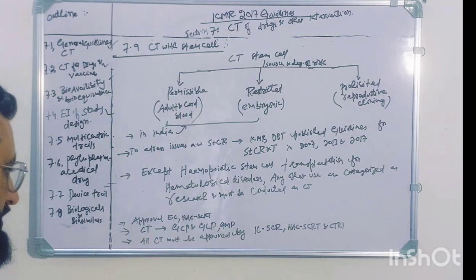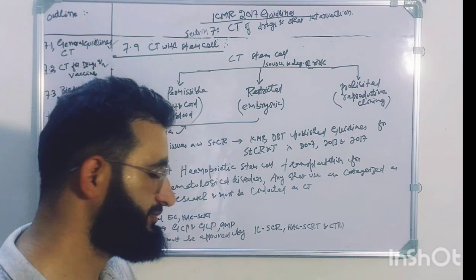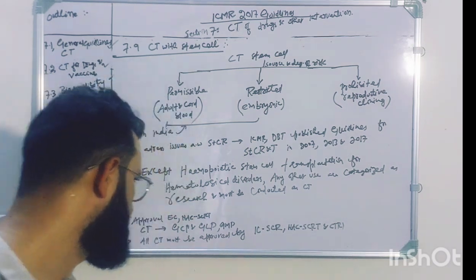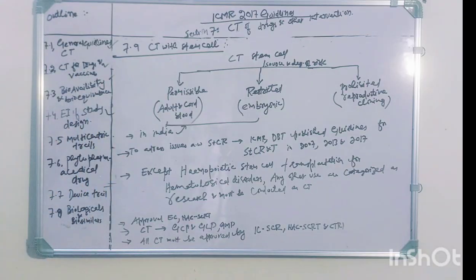All clinical trials must be approved by ICMR and the National Apex Committee, and should also be registered with the Clinical Trial Registry of India. Okay, the next we will discuss the next topic.